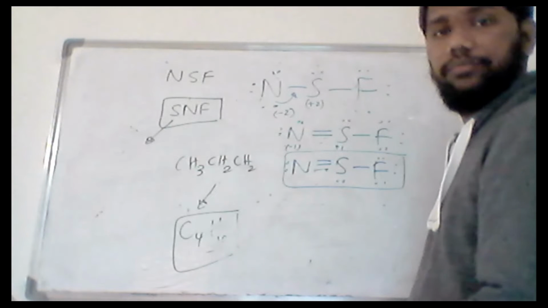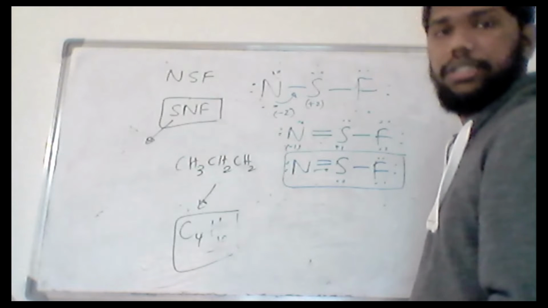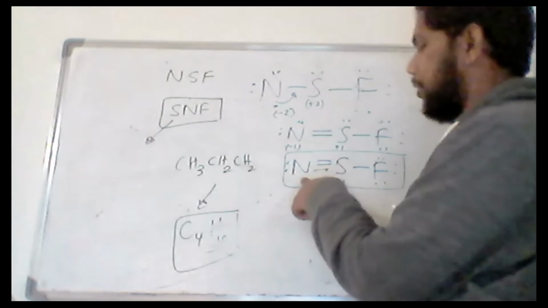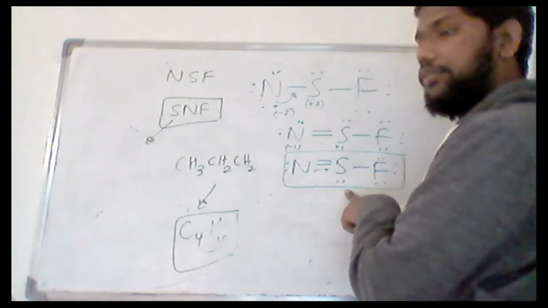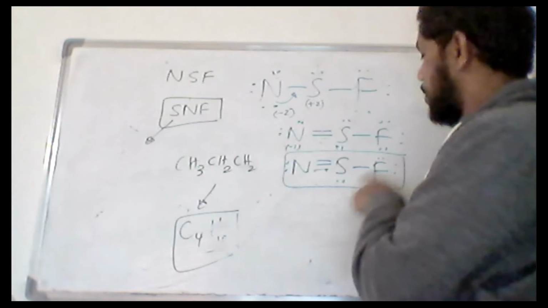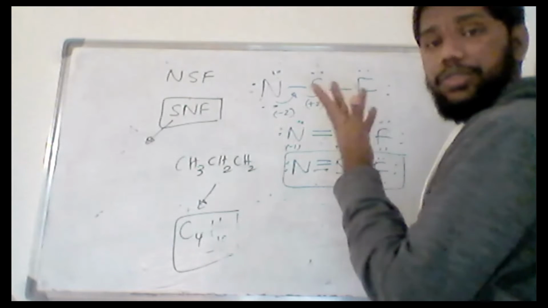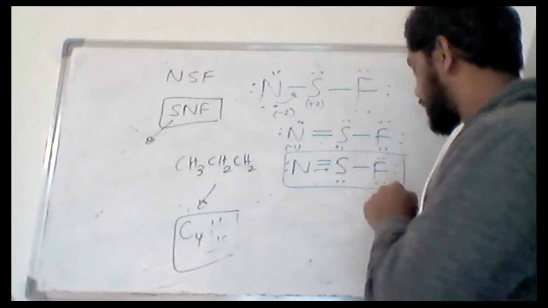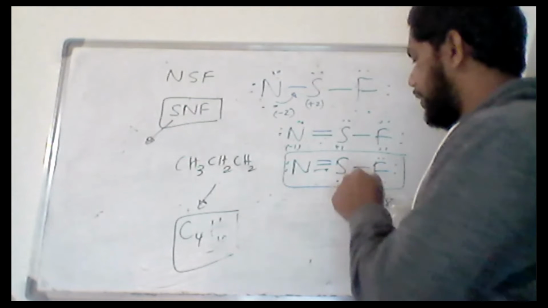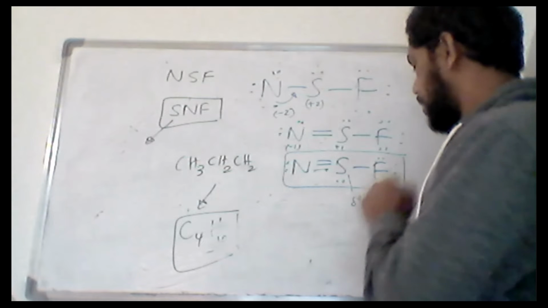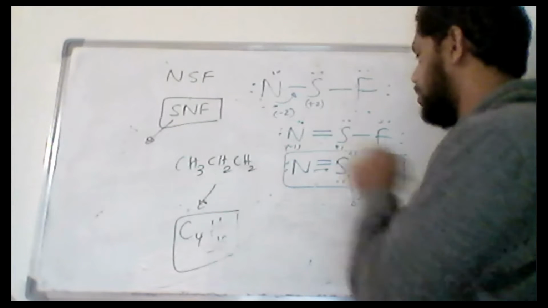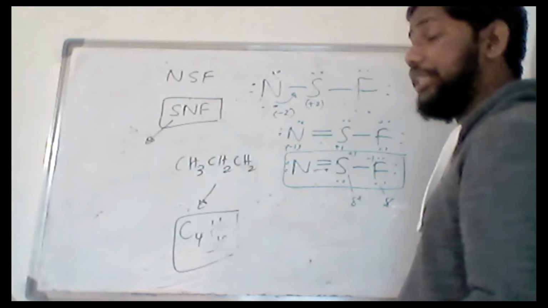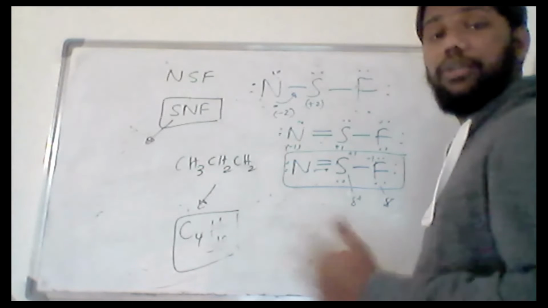That is the first point you should understand here. Nitrogen or sulfur? What do you think? Fluorine will be the most electronegative, so there will be a delta negative charge here and a delta positive charge here. Like, if you think this is -1, +1, from this you can imagine which one is more electronegative.